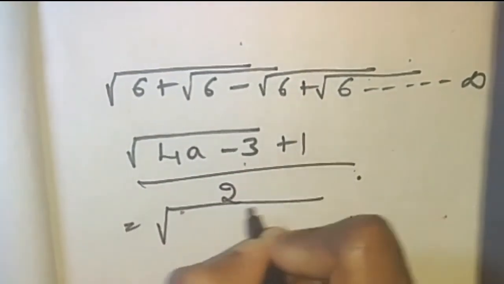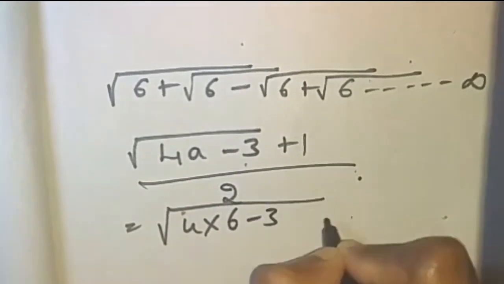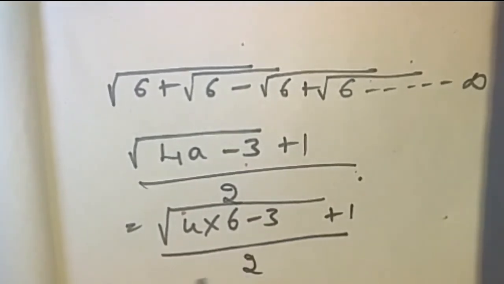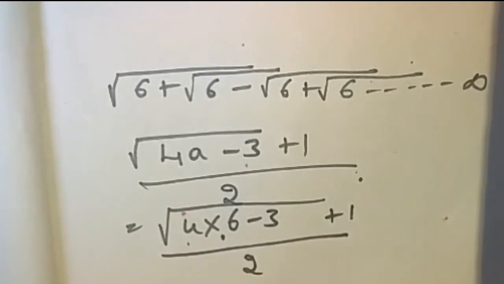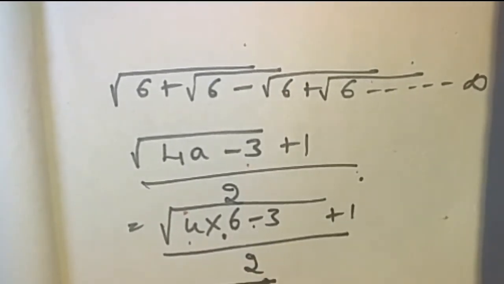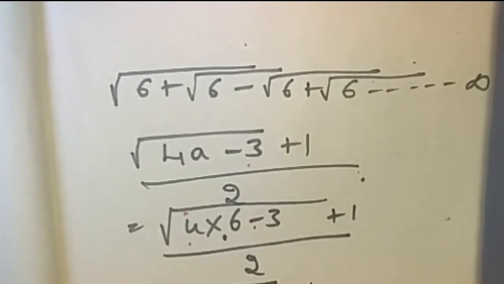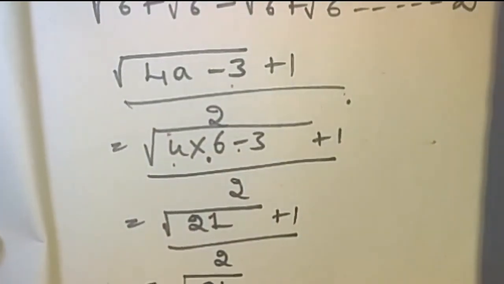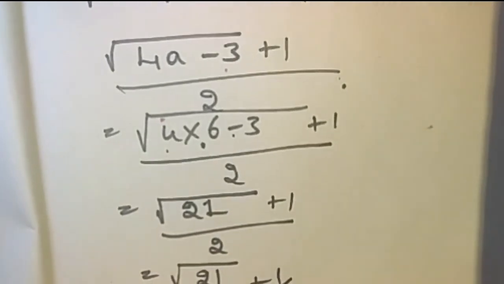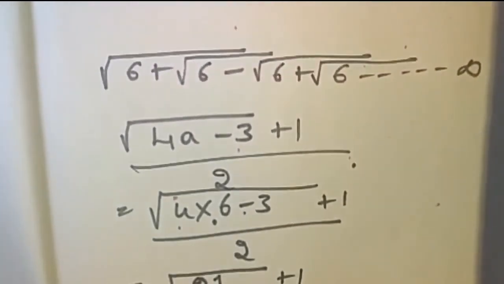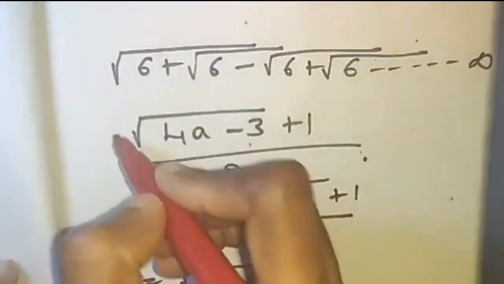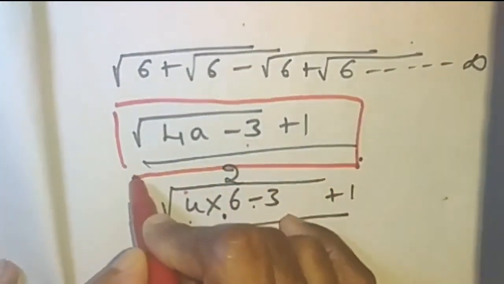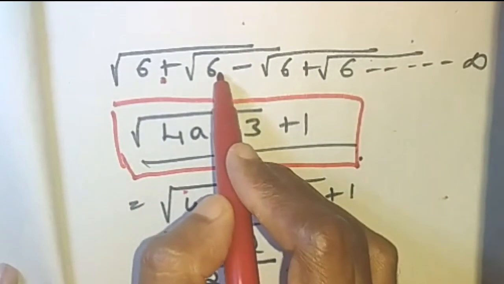Now 4 into 6 minus 3 plus 1 divided by 2. 6 4s are 24. 24 minus 3, 21, plus 1 divided by 2. We can write this in both ways, root 21 by 2 plus 1 by 2, or else directly also you can write. So this is the answer for this, and you have to remember this formula because this is an exceptional case when both plus and minus are there.